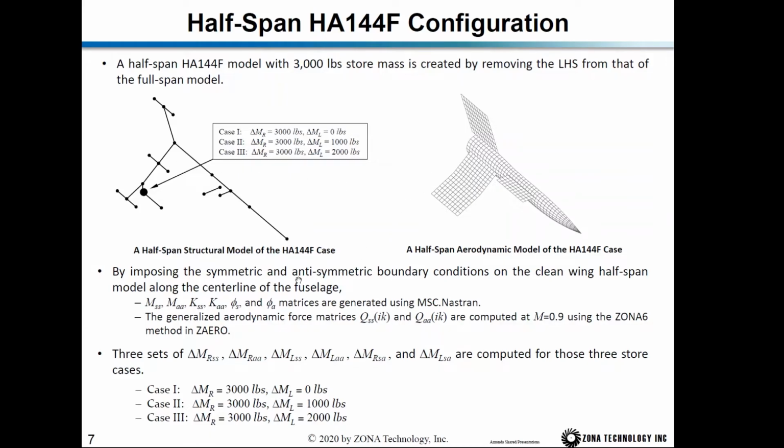So by imposing the symmetric and anti-symmetric boundary conditions on the clean wing half span model along the center line, we can generate the symmetric and anti-symmetric generalized mass and stiffness, and also the modes, and also generate the symmetric and anti-symmetric generalized aerodynamic forces. And then we have three sets of mass. On the left hand side, the first case is 0 pounds, then 1,000 pounds, and 2,000 pounds.